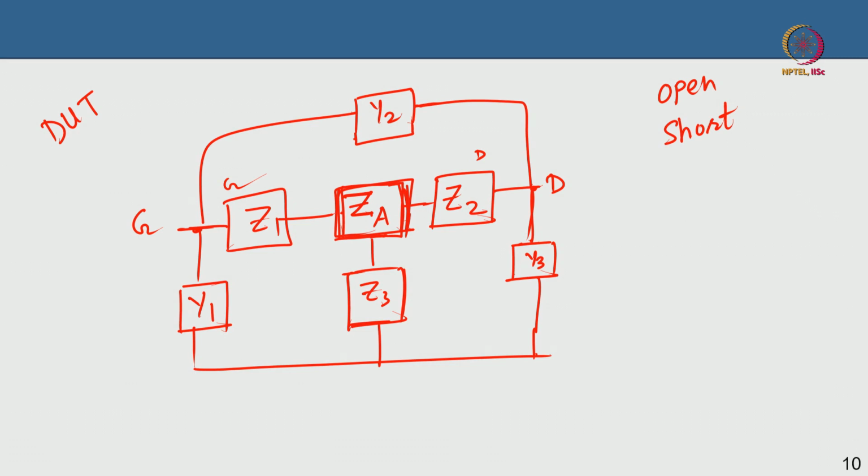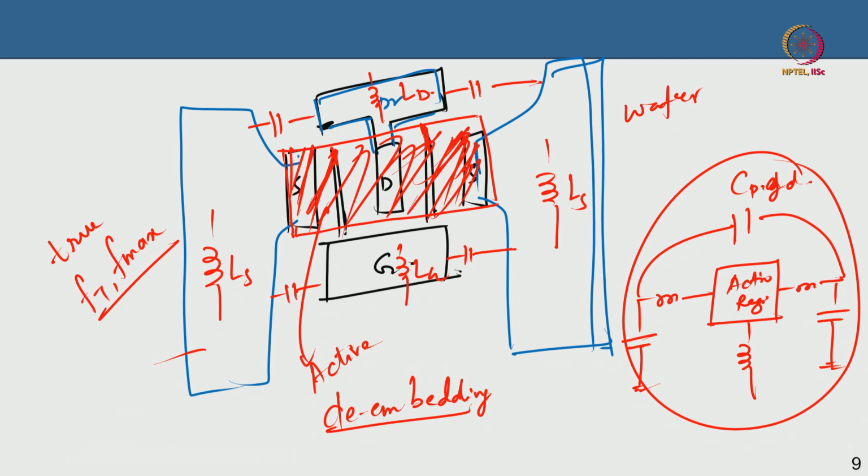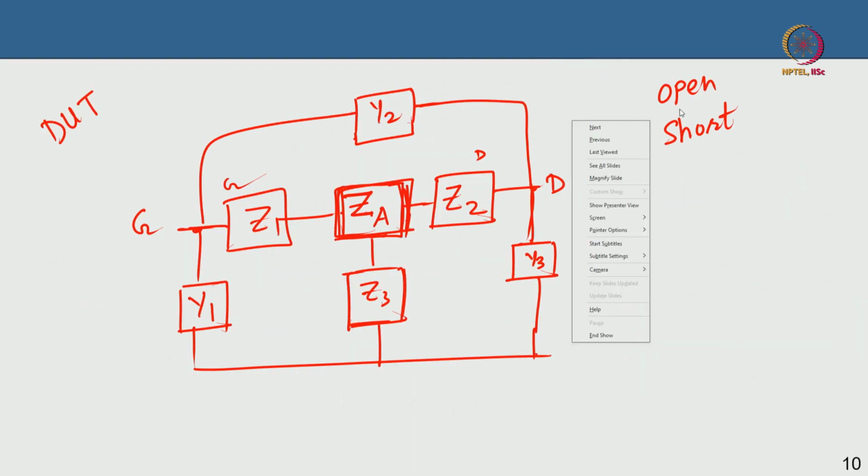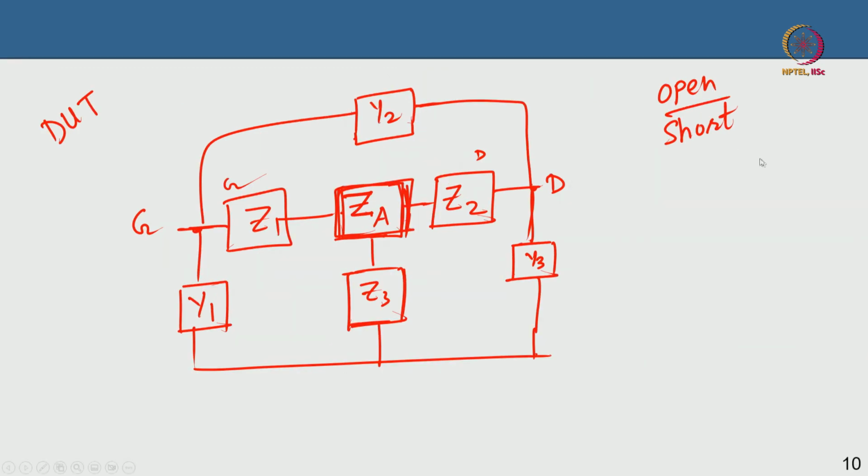So what I am going to do is define an open structure from these CPW pad structures. I will make an open first. What is an open? An open is very easy to visualize. You are going to have the CPW pad, this big source pad, and then you have the gate in a way, and maybe I am putting the gate on the other side, and then the drain, but there is no active device, there is no channel there.